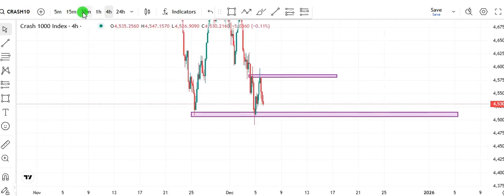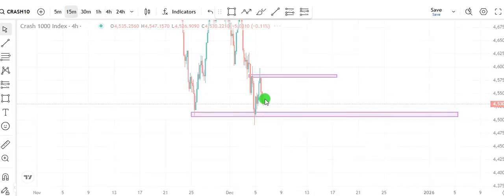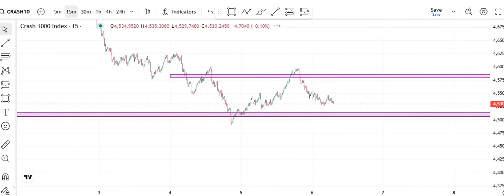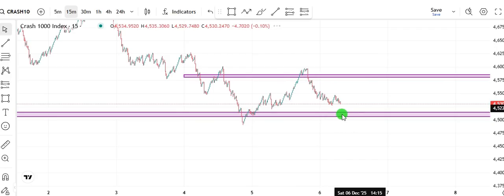So let's go to the entry, because it's already close to our support. What to be expecting next is to see the market reaction to this support level right here. So what I want to see is, I think I'll be adjusting this first.